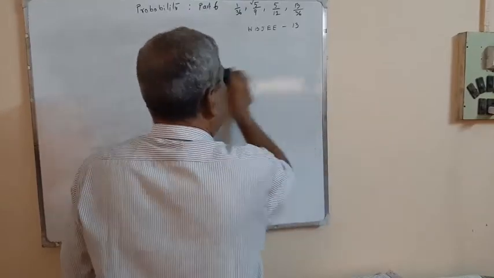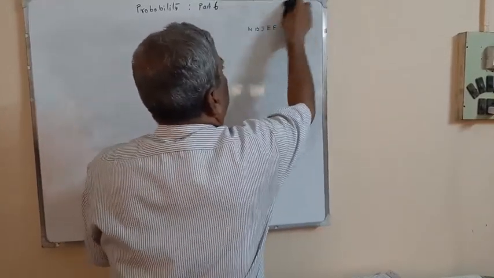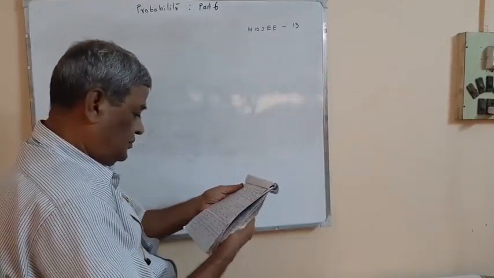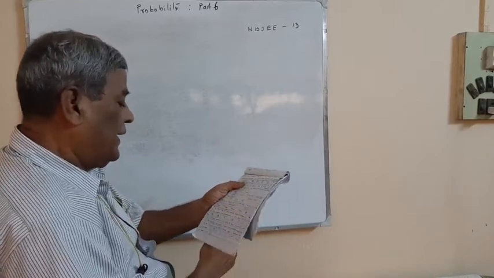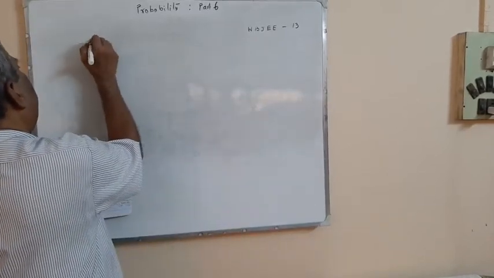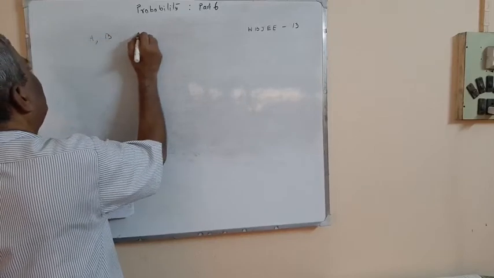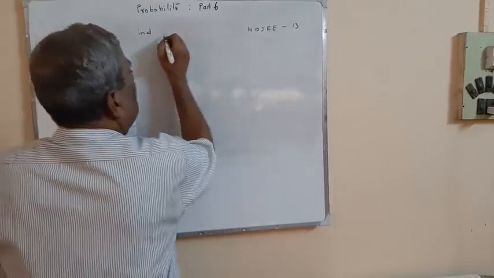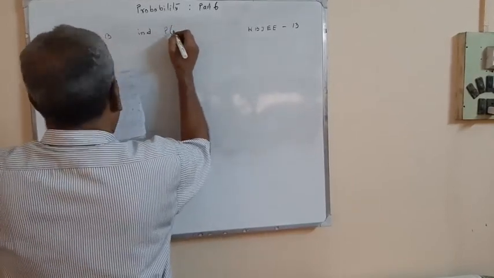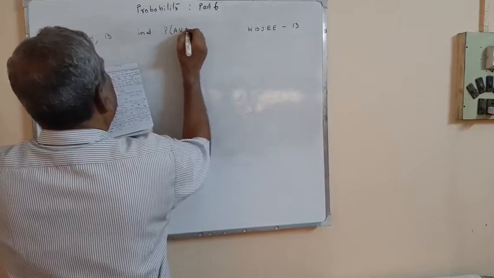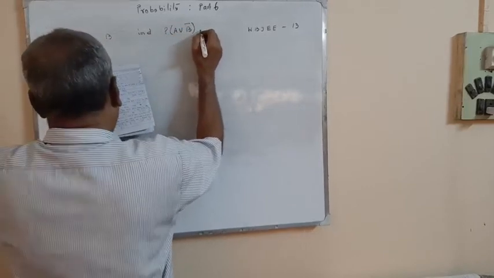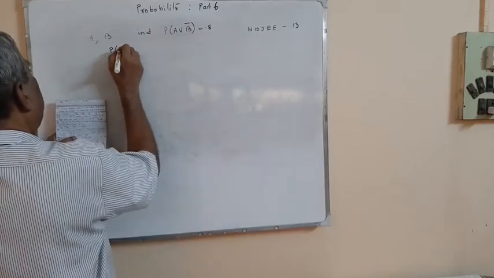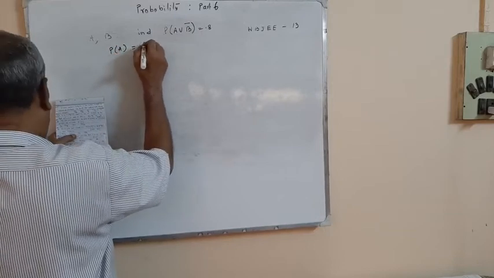Next problem for today. A and B are two independent events such that the probability of A union B bar is equal to 0.8, and the probability of A is equal to 0.3.